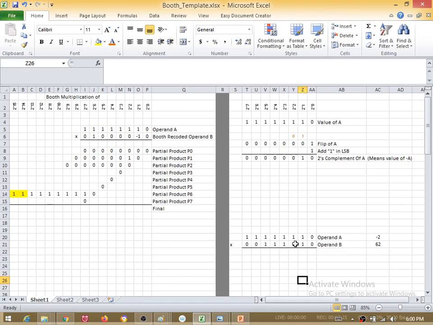But if you now look at the Booth recoded operand B, it only has 2 places where you have a 1 or a -1, hence leading to only 2 partial products which actually have a non-zero value. So all the 0 values you can neglect during the summation, and it makes your life slightly easier. It is going to improve the speed of your multiplier to some extent if you are doing the multiplication process iteratively. So now it is only a matter of adding this up.